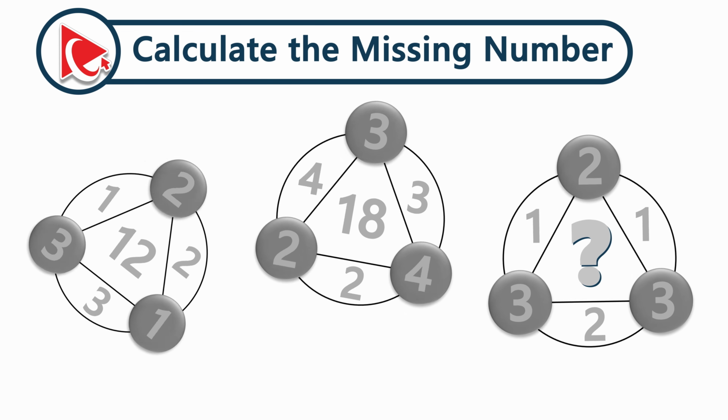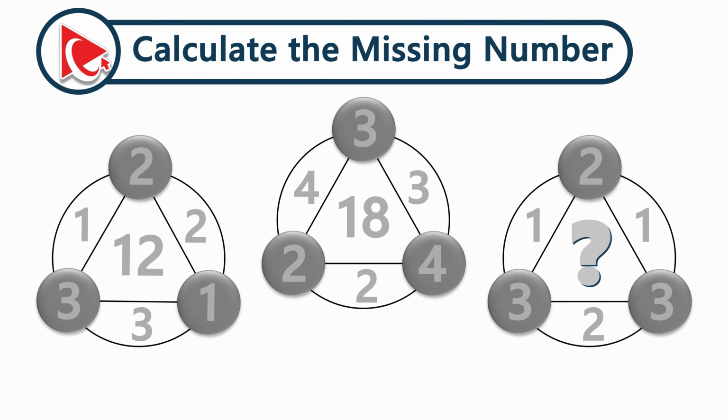Take a close look at these beautiful shapes. The first shape has numbers 3, 2, and 1 on the outside, numbers 1, 2, and 3 on the inside, and number 12 in the middle. The second shape has numbers 2, 3, and 4 on the outside, numbers 4, 3, and 2 on the inside, and number 18 in the middle.